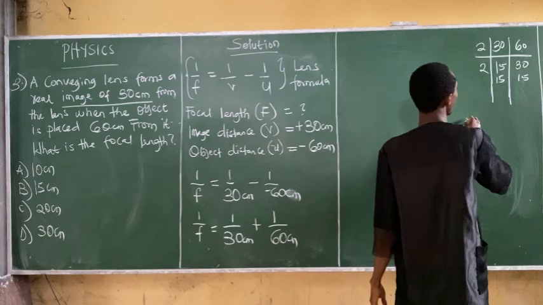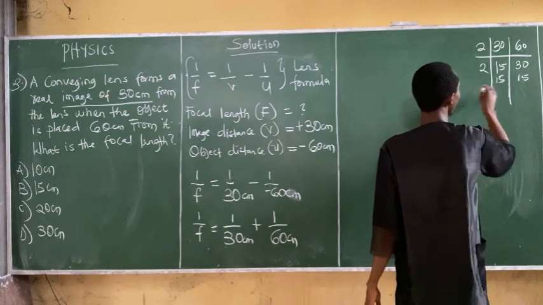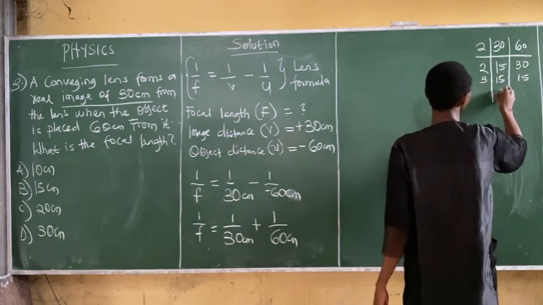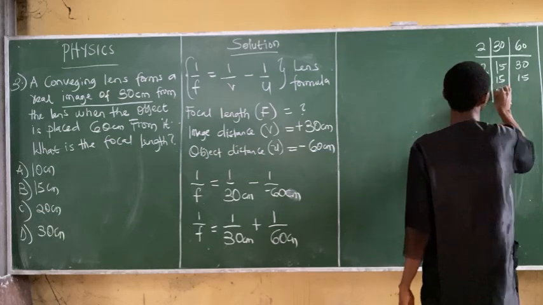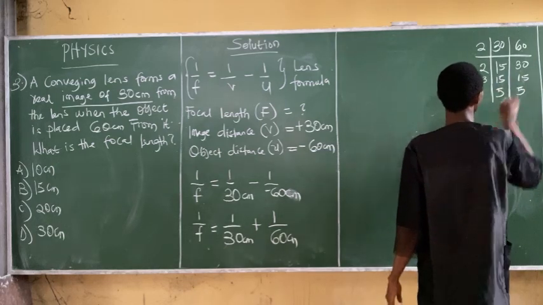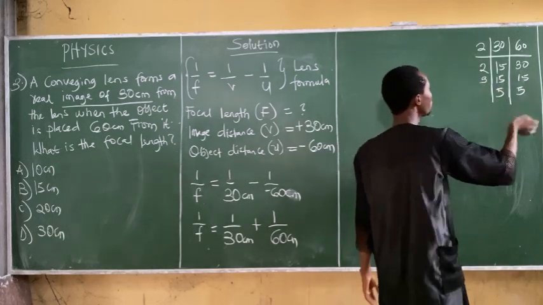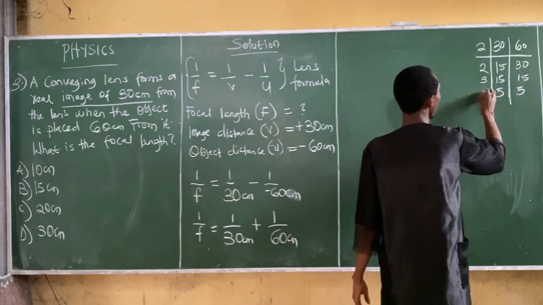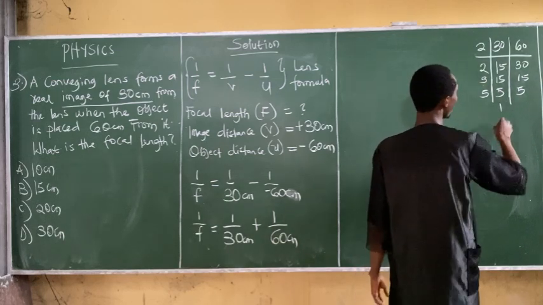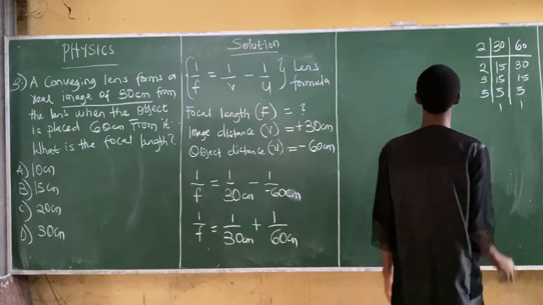We have 15 here. Can 3 divide it? Yes. 15 divided by 3, we have 5. 3 cannot divide the other, so we move to the next value that can divide them. 5 divided by 5, you have 1.